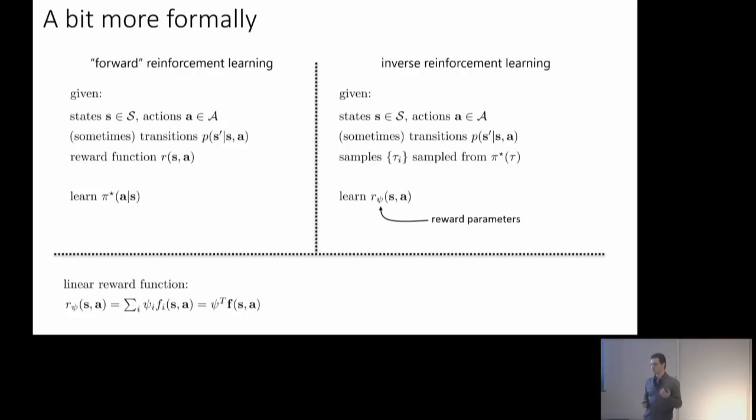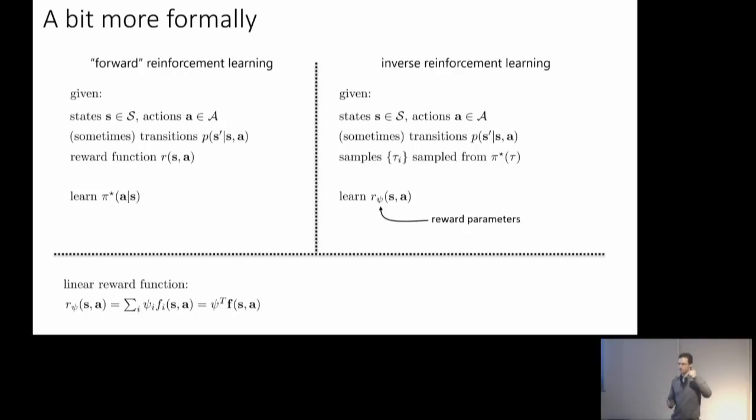Much of the older work on inverse reinforcement learning employed linear function approximators, meaning that the reward is assumed to be a linear function in some basis f. You can express it also as an inner product between the vector psi and a vector of features f. These features are basically things that you either want or don't want. So maybe for the car, one feature is the car going fast, another feature is the car hitting another car.